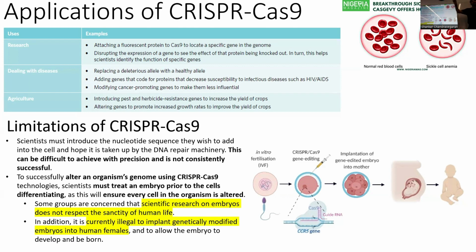But if I currently, right now, try to edit a region of your body, only that region will have the edited genes, and over time, all those modifications will also be removed because your body knows what its original DNA is, and it will over time remove the foreign DNA.